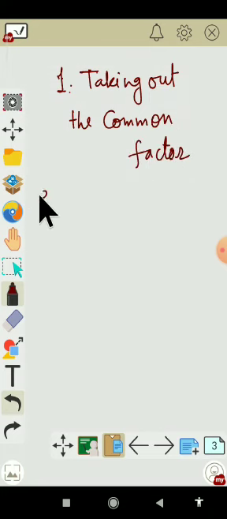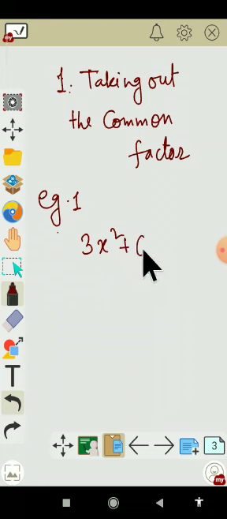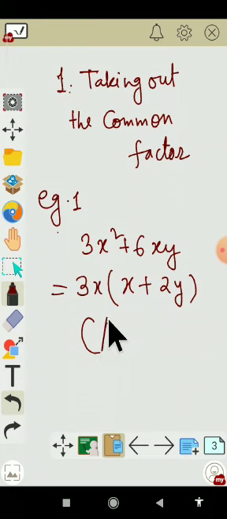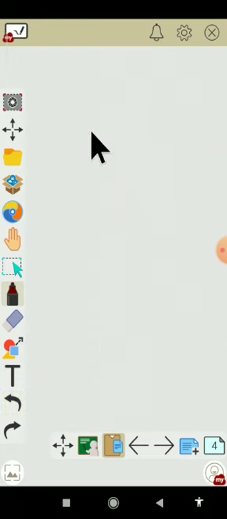One example I am taking here: 3x square plus 6y. If we take 3x common here, what will remain? x plus 2y remains. So this is taking out the common factor.